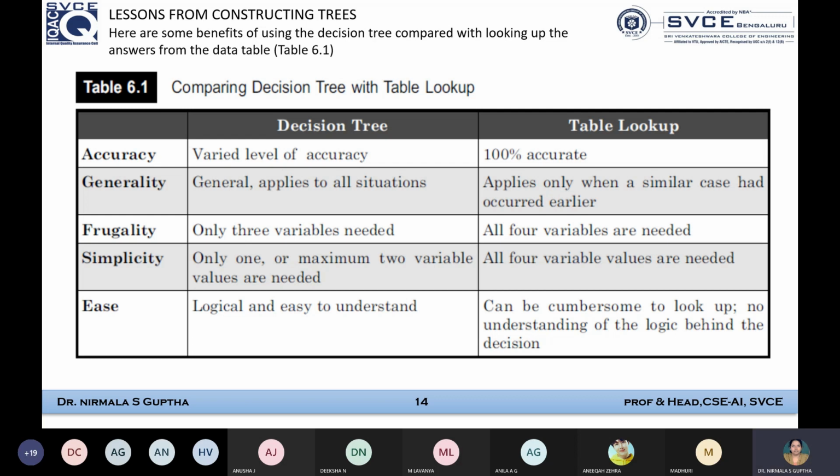The last key element with respect to the decision tree is pruning. Pruning is reducing the size of the decision tree by removing sections of the tree which are not providing value. So the decision tree could be trimmed to make a more balanced one.